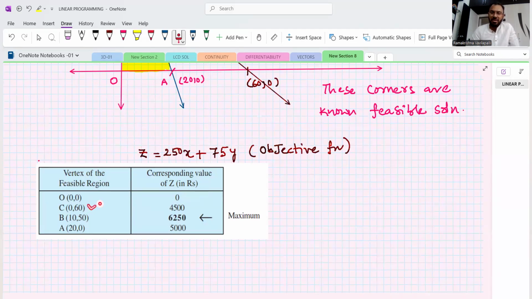At (0, 60), you are buying all chairs, you will get 4,500. At B, (10, 50), you will get 6,250 rupees. And at A, you are buying all tables, then you will get 5,000. So this is the maximum. So you will get a maximum profit if you buy 10 tables and 50 chairs.